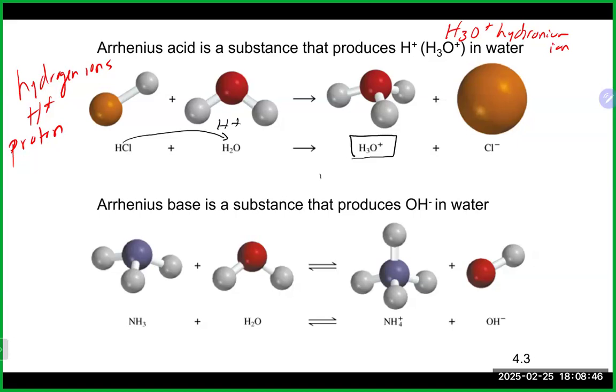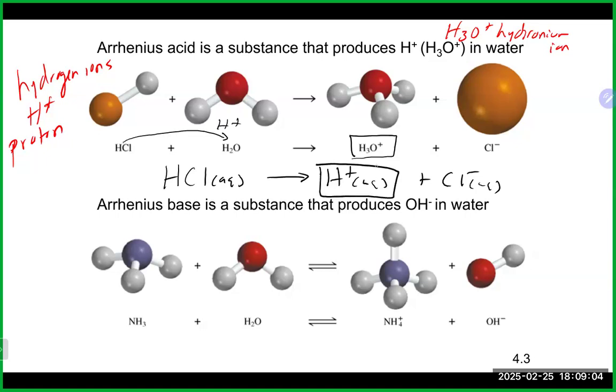You can just as correctly write this reaction, which is really just the dissociation of this strong acid, by simply writing it like this without the water included, and you will get this reaction. Again, that H plus and that H3O plus are basically the same thing.